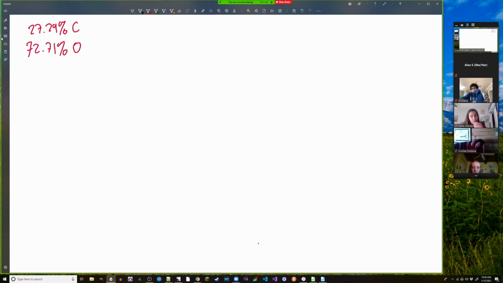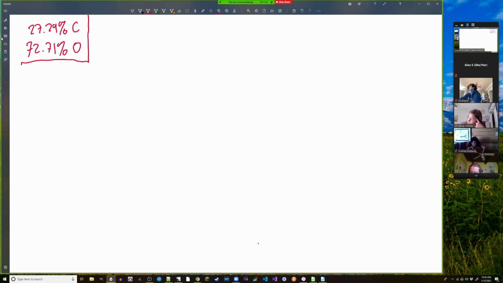So you'll notice the only real difference between what we had been doing before and this is that instead of having a certain number of grams of carbon and a certain number of grams of oxygen, we just have percents. And it might feel a little bit like, well, how do we even start this? How do we turn from percents to grams?